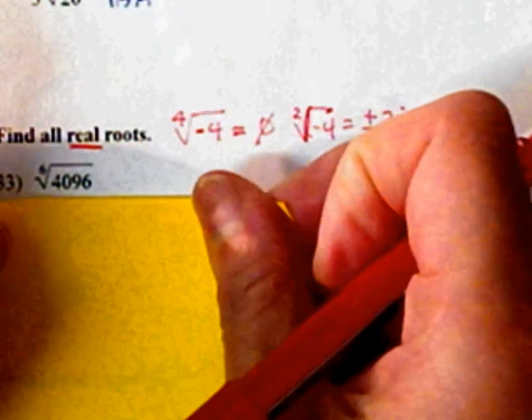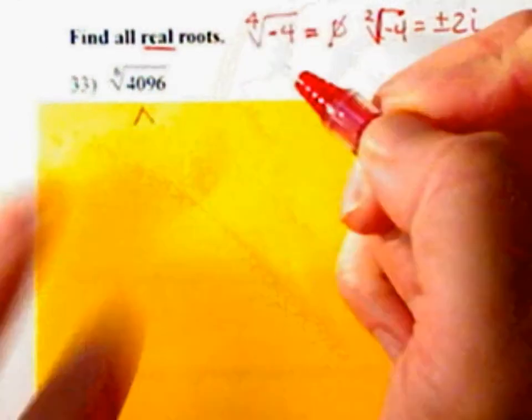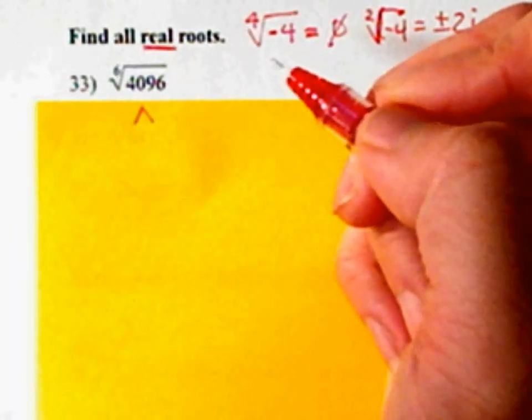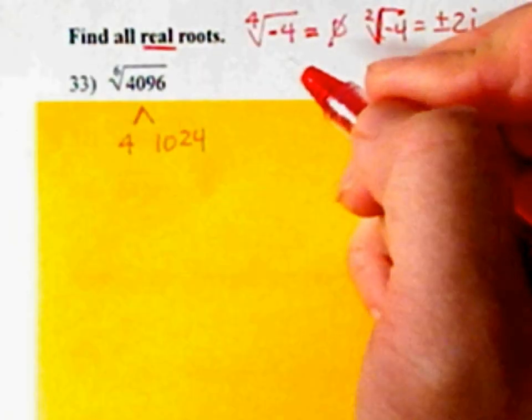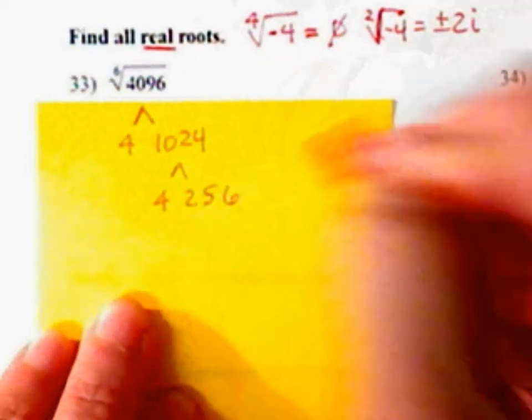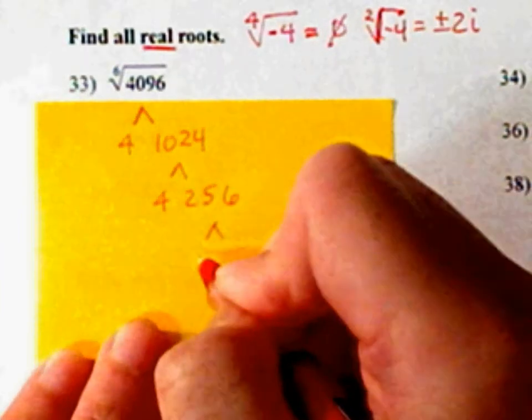Okay? All right. Number 33. You are looking for 6 of a kind. So start breaking down your 4096. And you need 6 of them. So 4096 divided by 4 is 1024. Divided by 4 is 256. Divide by 4 is 64.